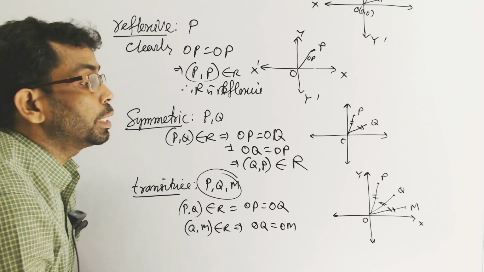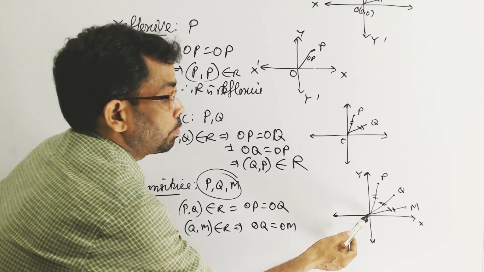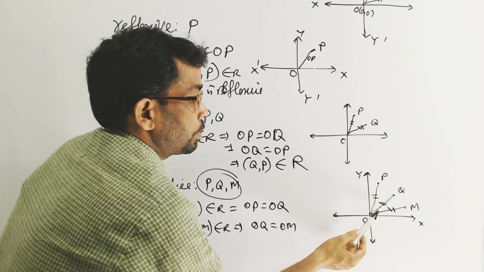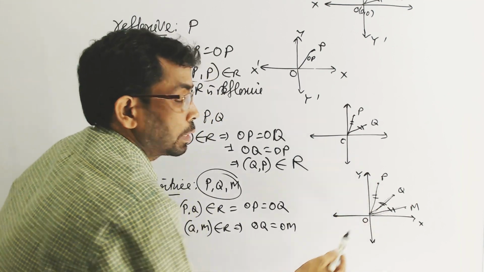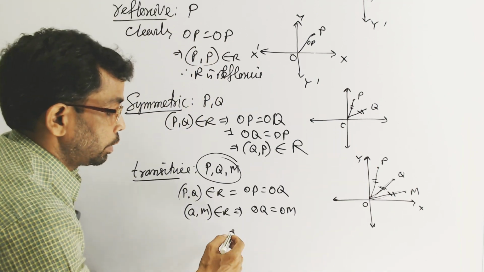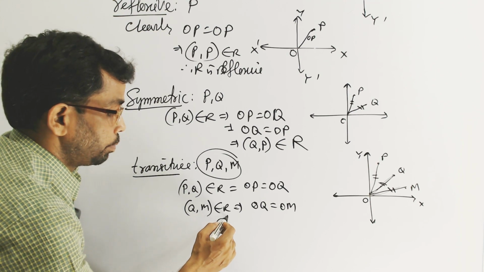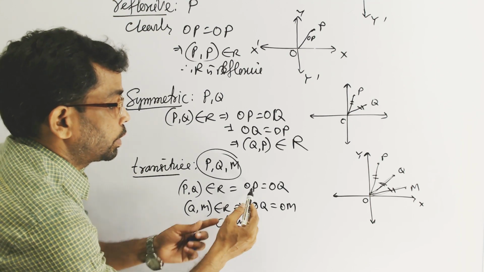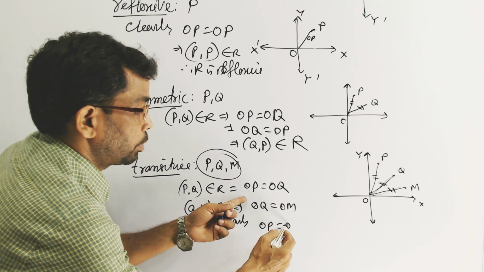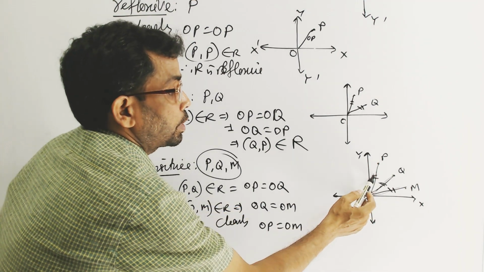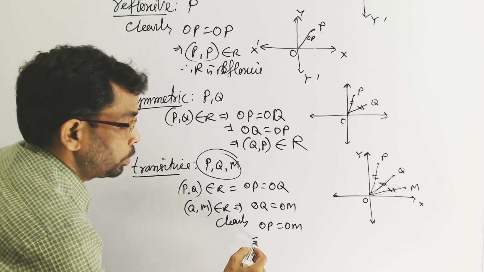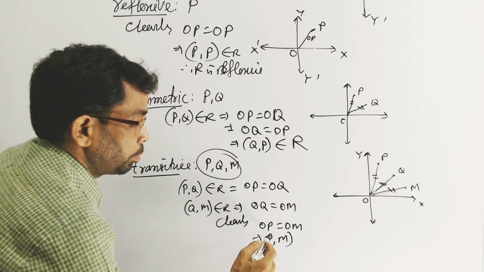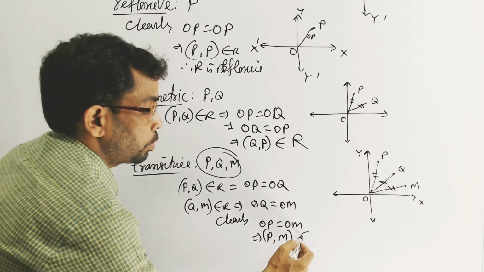Now clearly in the diagram we can see, if this distance is equal, and this is equal to this, then the first and the third must also be equal. That means OP must be equal to OM. First equal to second, second equal to third, obviously first and third are equal, which implies that the pair made by P and M also must be in the relation.